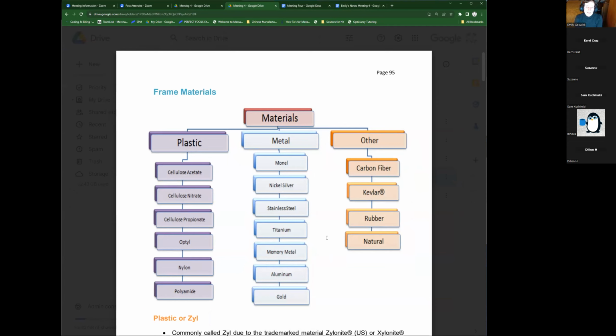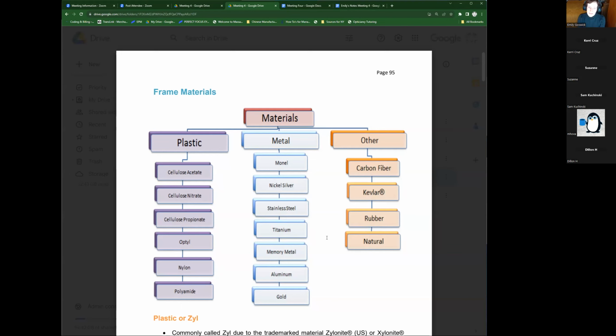To be perfectly honest, a lot of the optical frame related things, some of the lens things, a lot of that stuff is memorization and just committing to memory.